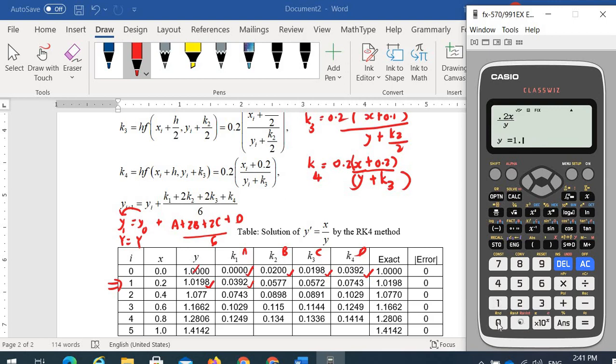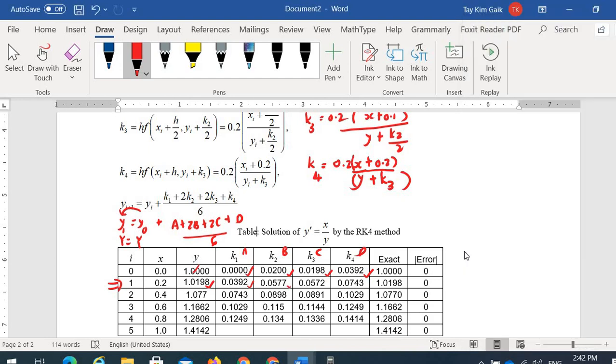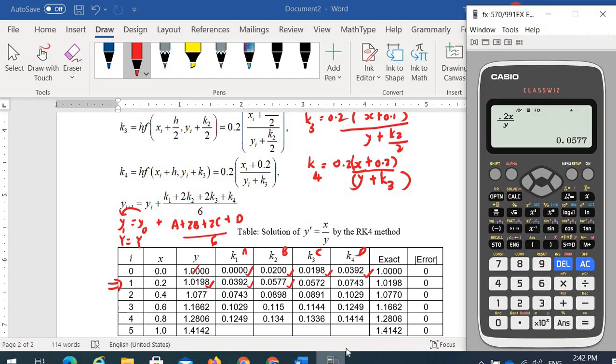So 1.0198 plus the current K1 0.0392 divided by 2. This Y value gives you K2 equal to 0.0577. And then calculate again.